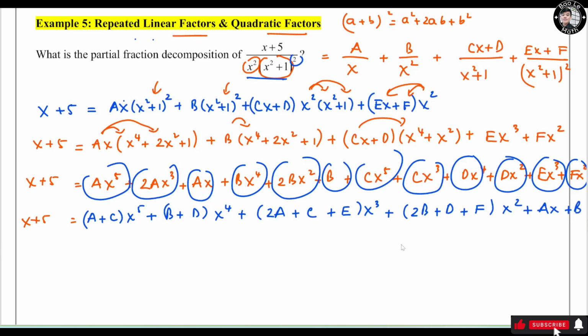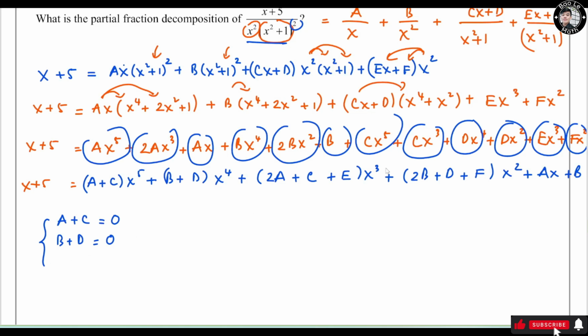Now you just equate the coefficients. The left hand side doesn't have s to the 5th, so the coefficient equals 0. So we have a plus c equals 0. S to the 4th we don't have, so b plus d equals 0. We don't have the coefficient of s cubed, so 2a plus c plus e equals 0.